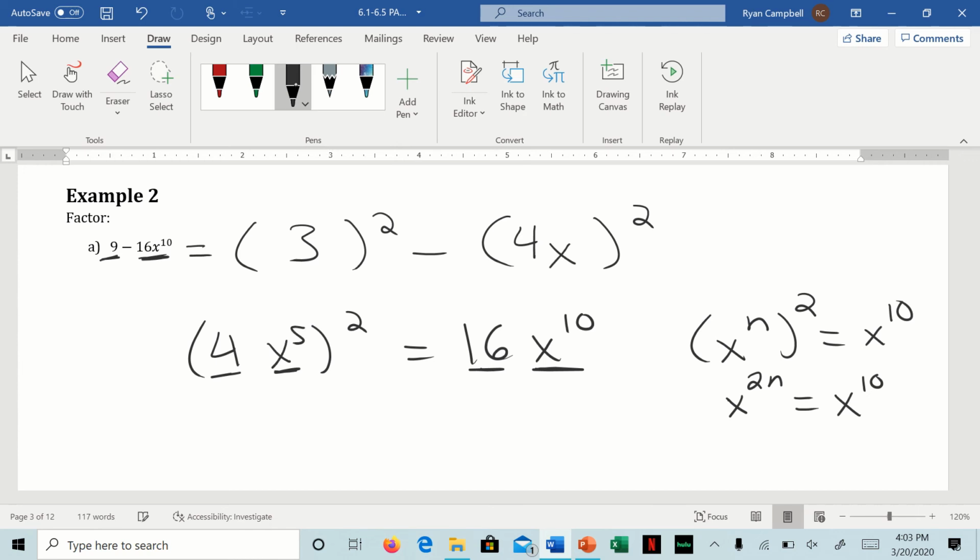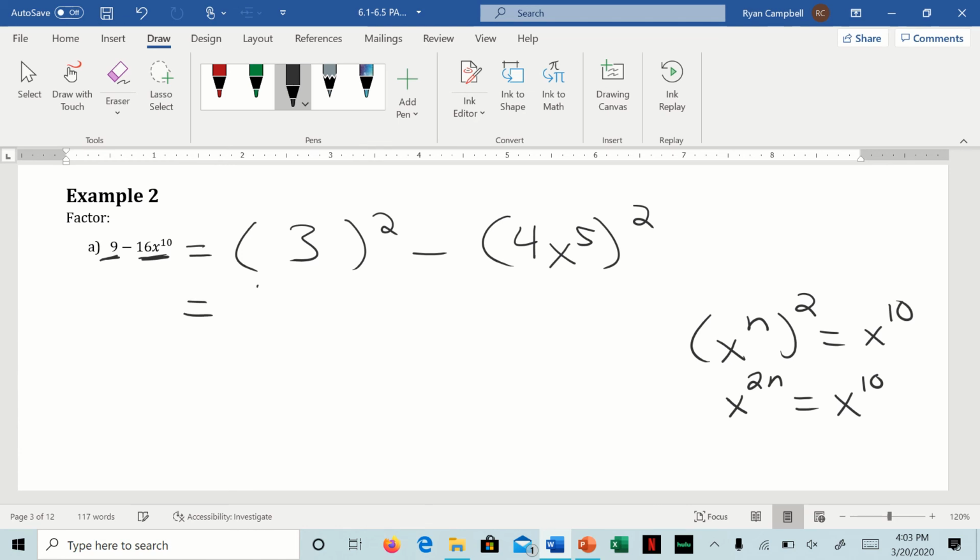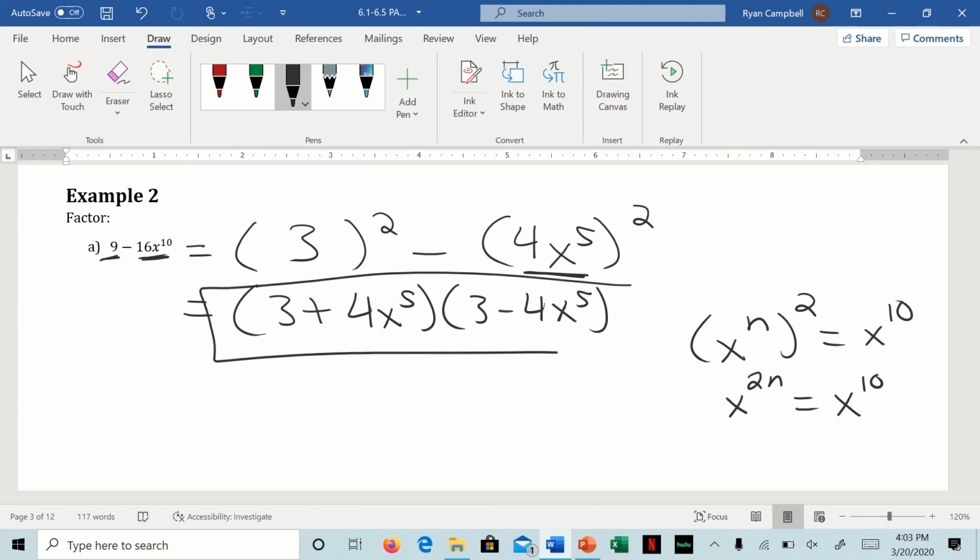So that's x to the 5th, right? Because x to the 5th raised to the 2nd power, you multiply these two numbers and you get 10, which is what we wanted. So these are our two terms. So we can see it's 3 plus 4x to the 5th and 3 minus 4x to the 5th. There we go.